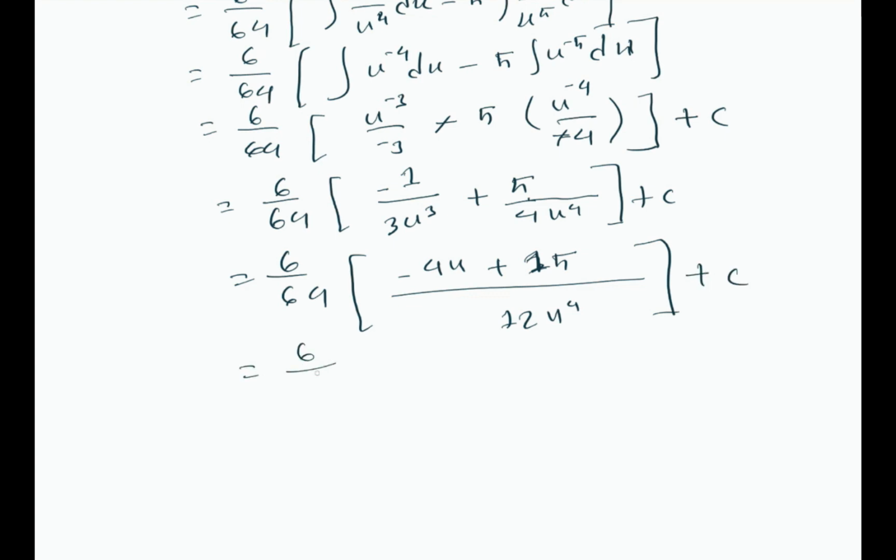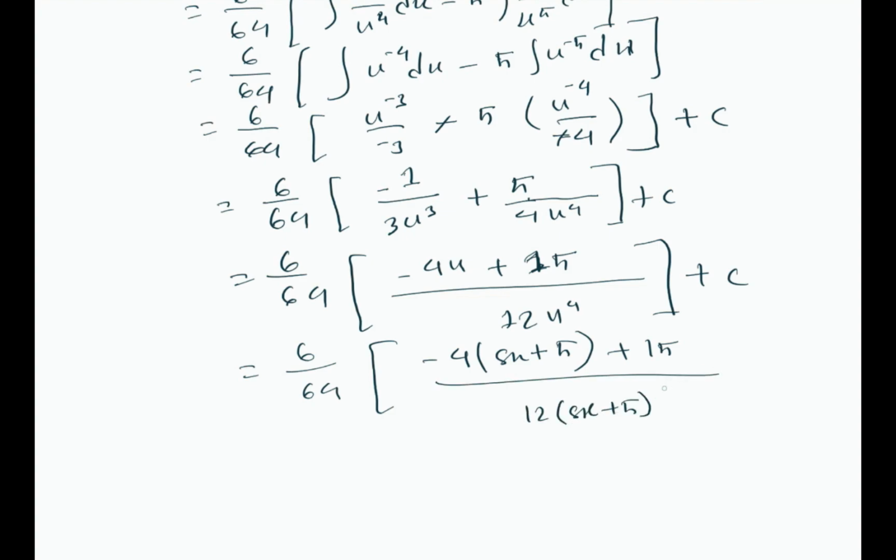Now we can substitute our u value, then it will be minus 4 (8x plus 5) plus 15 divided by 12 (8x plus 5) all to the power 4, third bracket, plus c. Even we can simplify it, but I am leaving it here. I believe that this is in a compact form and this is fine.